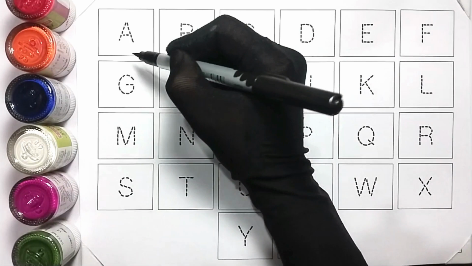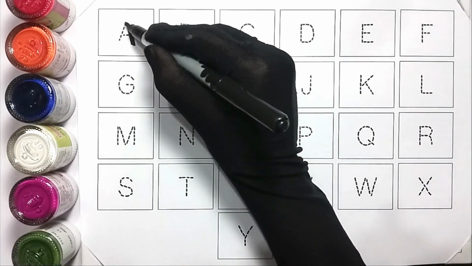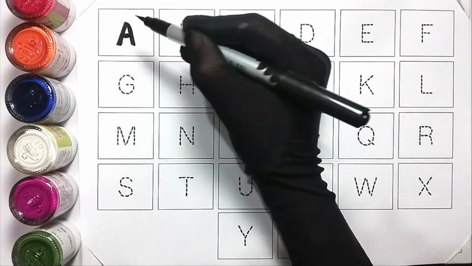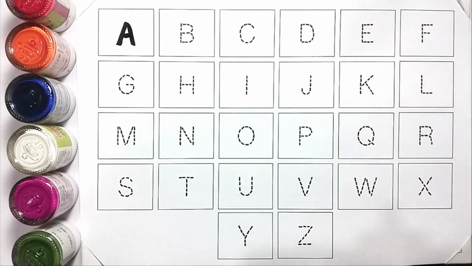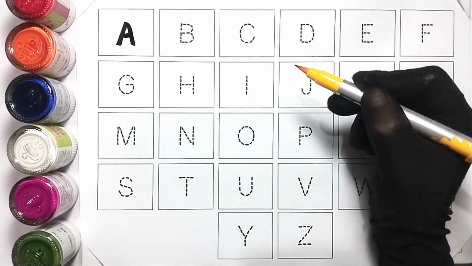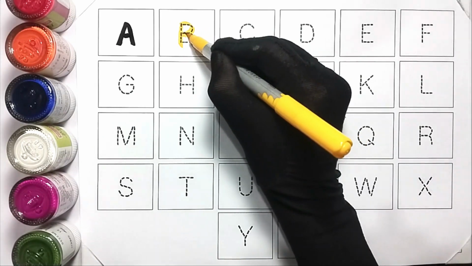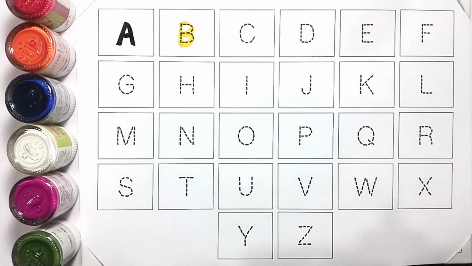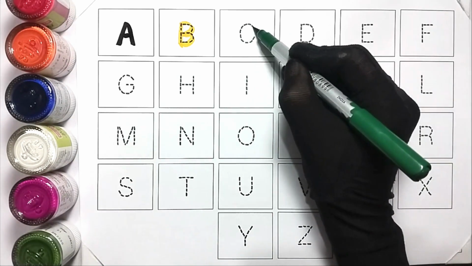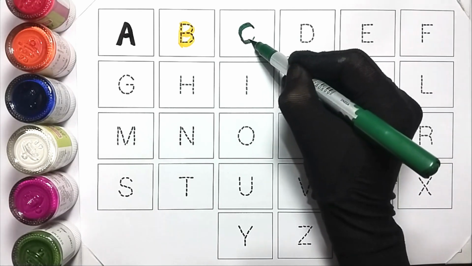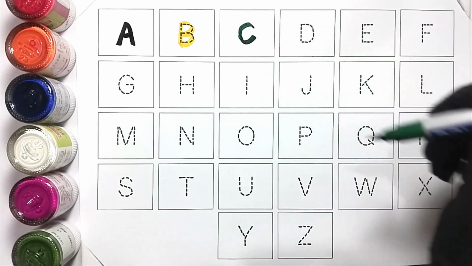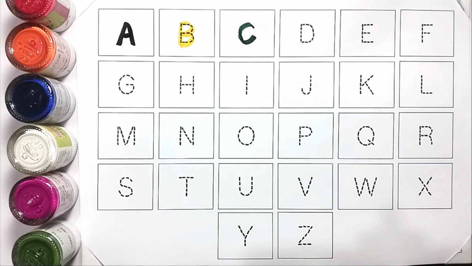Black color. A for ant. Yellow color. B for banana. Green color. C for cow.